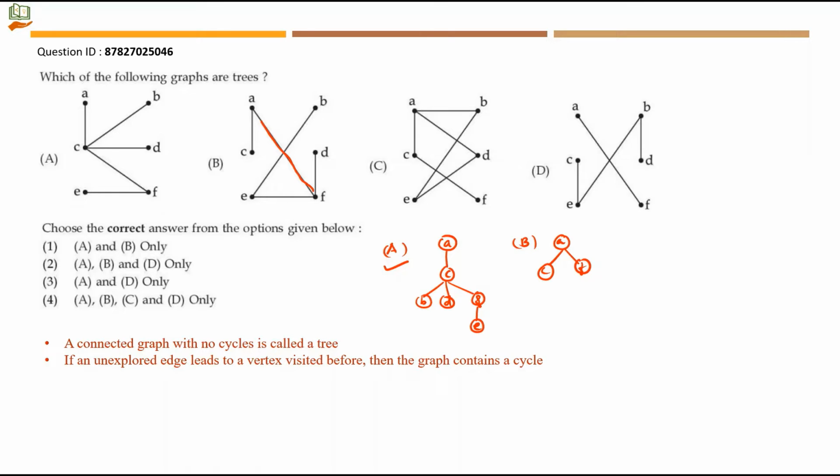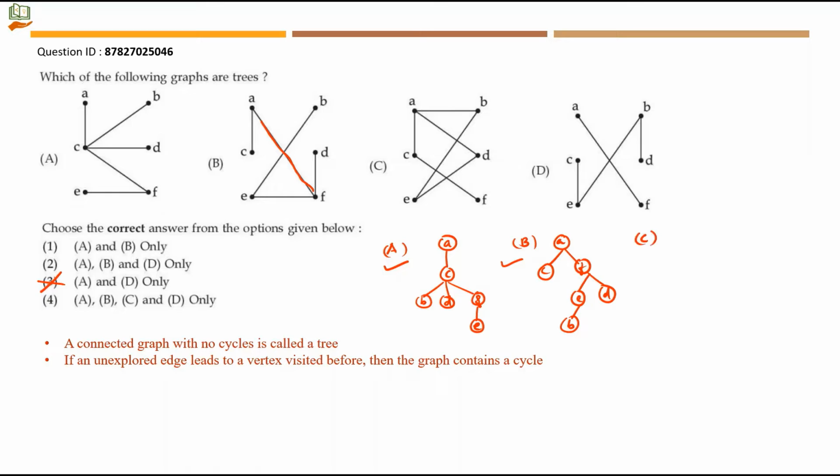From F we have D and from F we have E. From E we have B. And B has no connection with A or D or something, so the tree can be drawn this way. So this is also a tree. B is also included. So whichever options have excluded B, we can rule out 3.